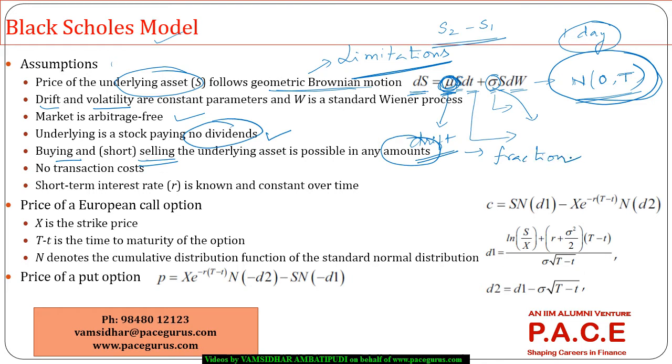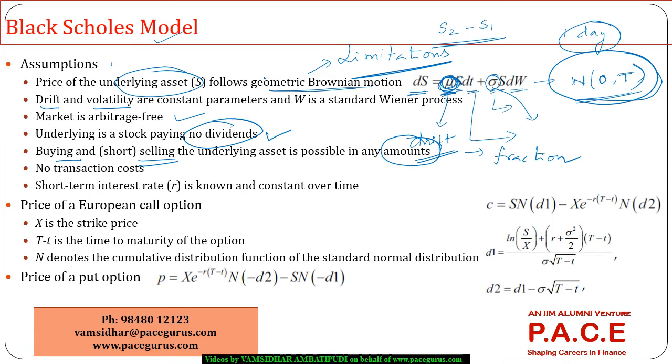I can buy 0.2 shares of a particular stock as per the model, but in reality that is typically not possible. So there are some limitations and some assumptions this model has used to come out with the formula. But we have to understand the assumptions, because whenever we see in reality the option prices differing from our calculated values, we need to know which assumption is violated.